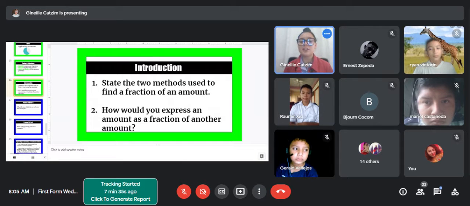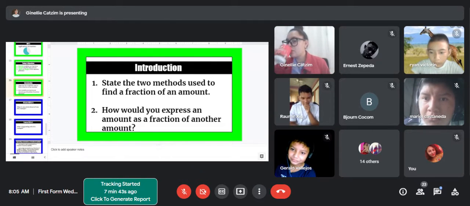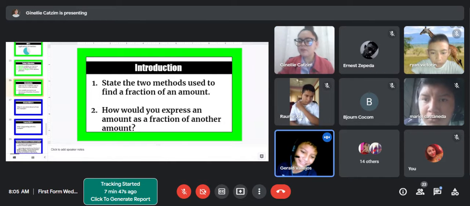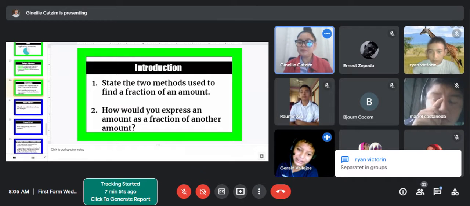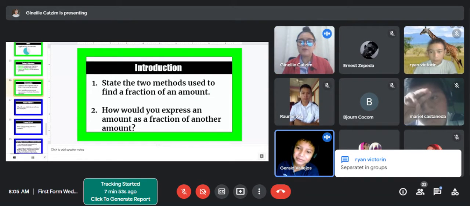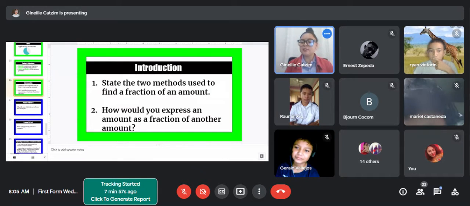Now what I want is that I will give you the amount and you will give me a fraction. How will you give me that fraction? Solve it. But how would you solve it? By grouping, or some of you multiplying or dividing, separating groups and dividing.